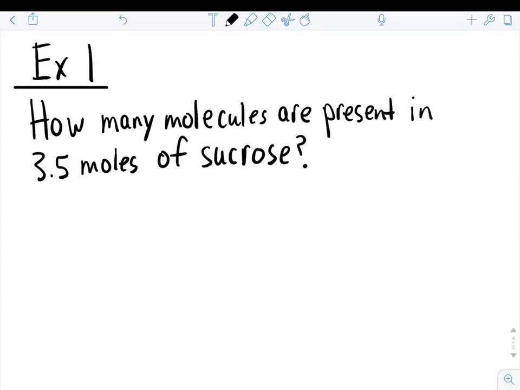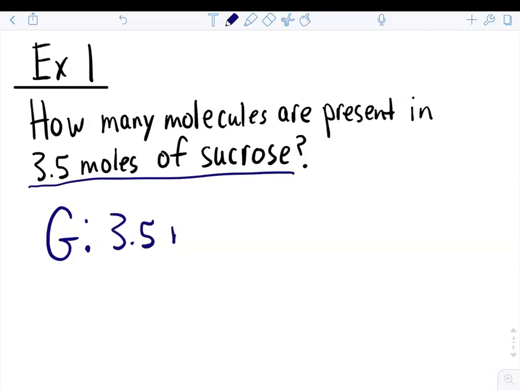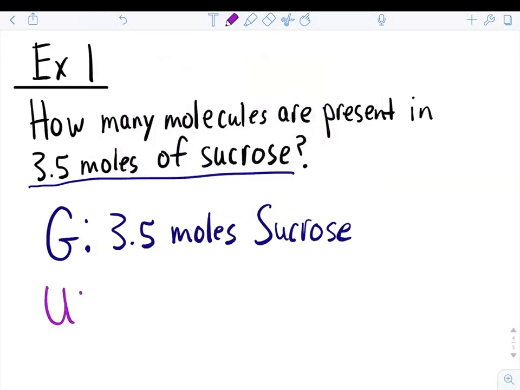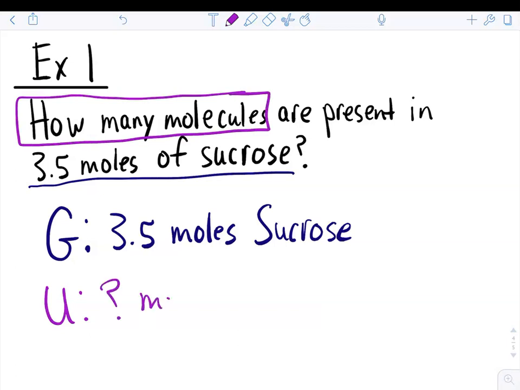Okay, well, we use our good friend the guess method. So we start out with our given, and in this case, we're given 3.5 moles of sucrose. Then we move on to our unknown. And our unknown is the thing that we're trying to solve for. So in this case, we're trying to figure out how many molecules of sucrose.